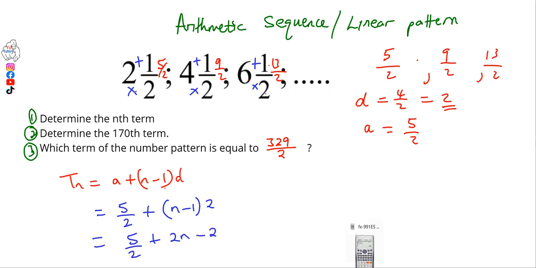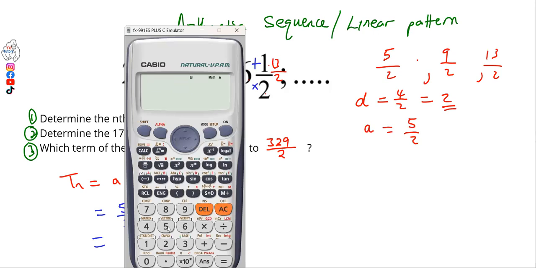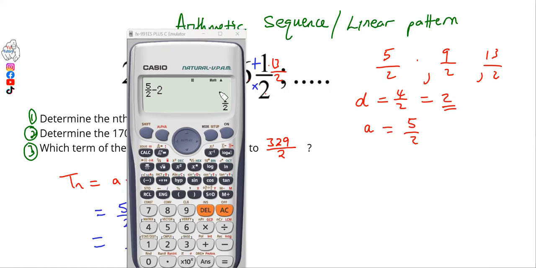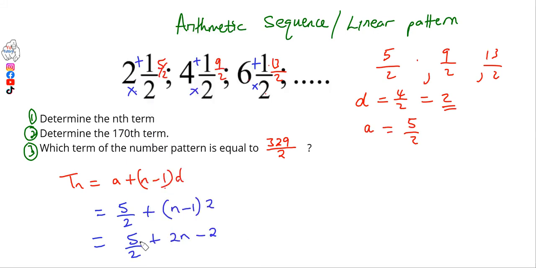Then if we take 5 over 2 minus 2, what do we get? We get 1 over 2. So in this case, our Tn is going to be equal to 2n plus 1 over 2. That's what we have here. This is our general term.